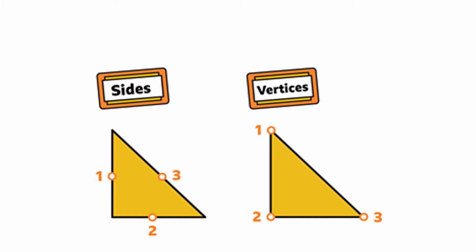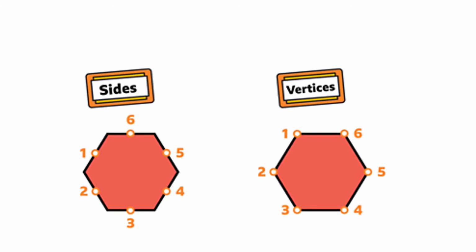Here we can see triangles. Now have a look at the labelled pictures of the triangles. You'll be able to see the sides labelled and you'll be able to see the vertices labelled. We can see 3 sides, 3 straight sides, and 3 vertices. What shape is this? Do you know what shape this is called? It's called a hexagon.